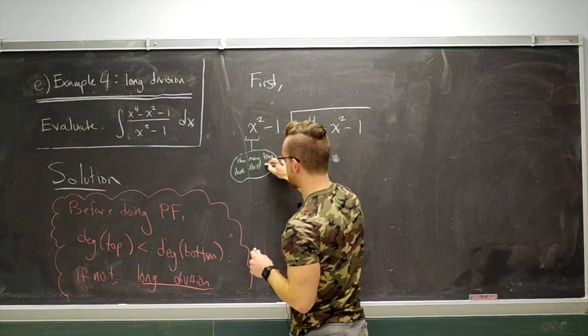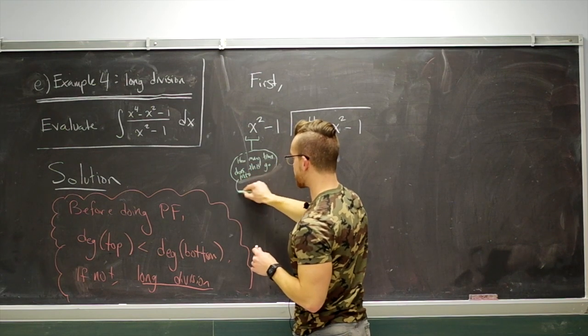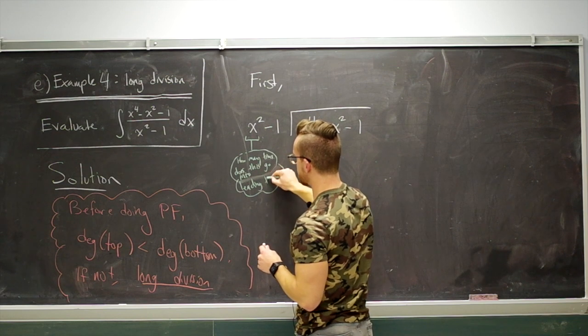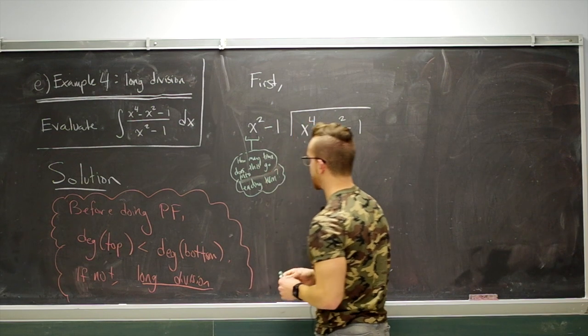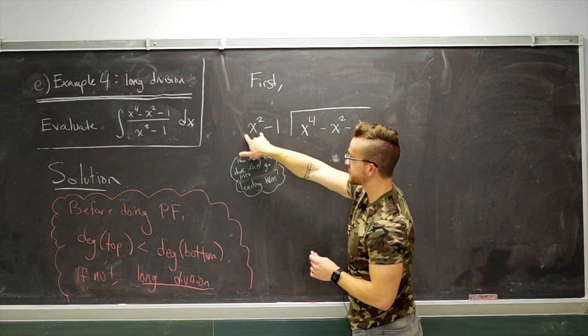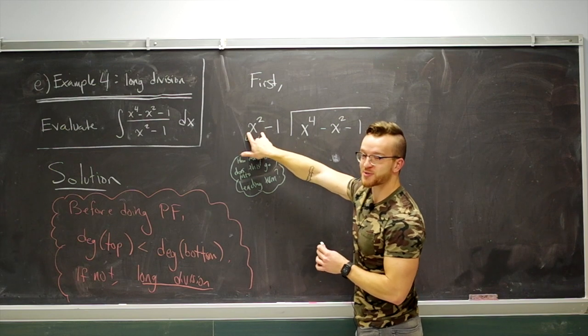In other words, what is x to the fourth minus x squared, divided by x squared?